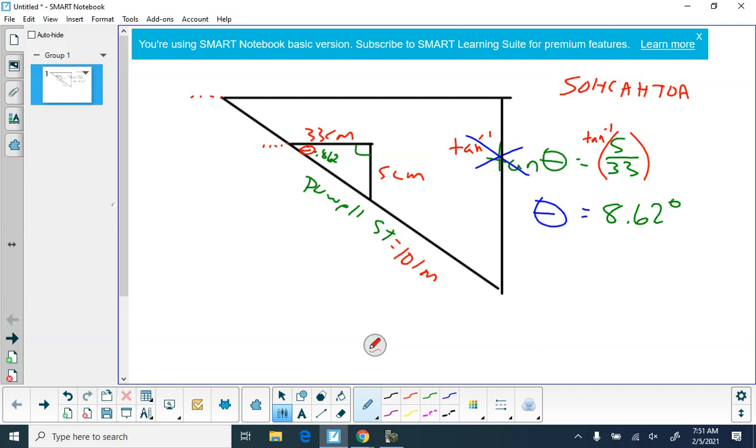These two angles are called corresponding angles. This 8.62 degrees is going to be, no matter where I have it horizontal, it's going to be 8.62 degrees. So this angle up there will also be 8.62 degrees.